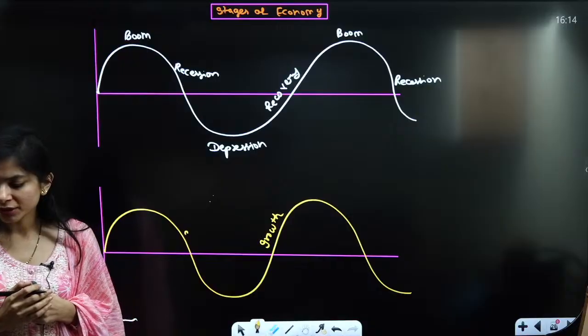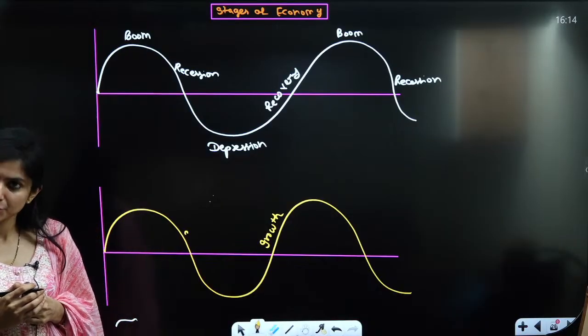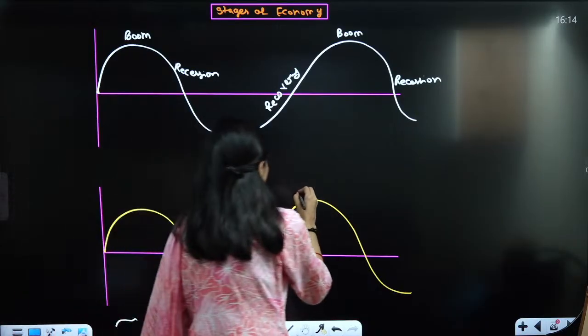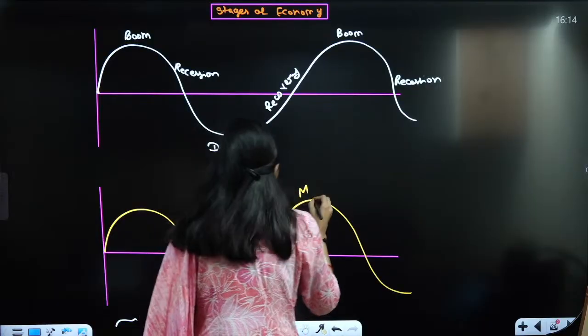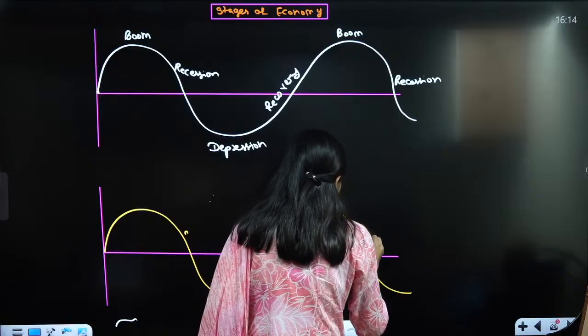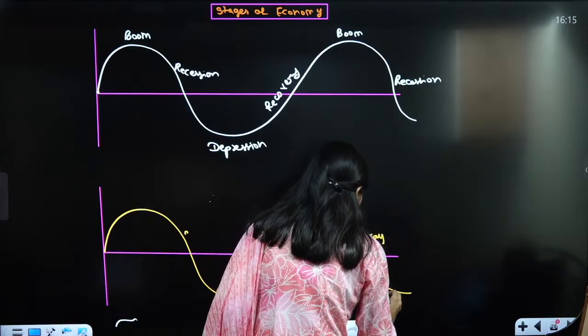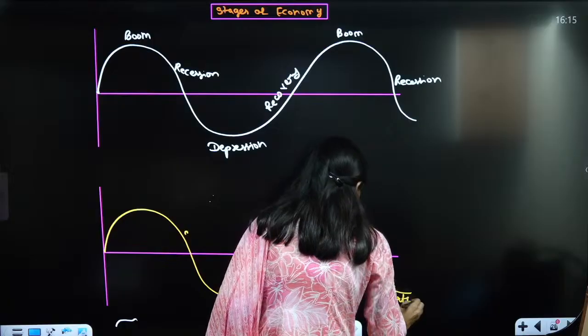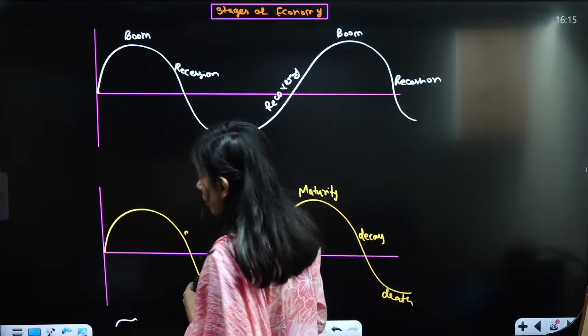Now your growth would lead to maturity. After the maturity, you will feel the decay, and at last the death. And this procedure will go on and on.